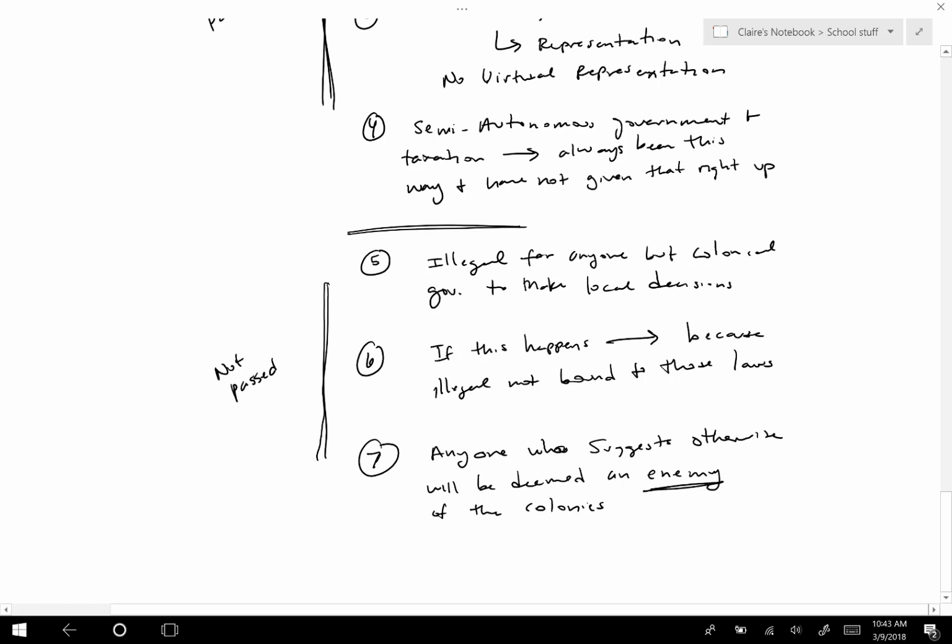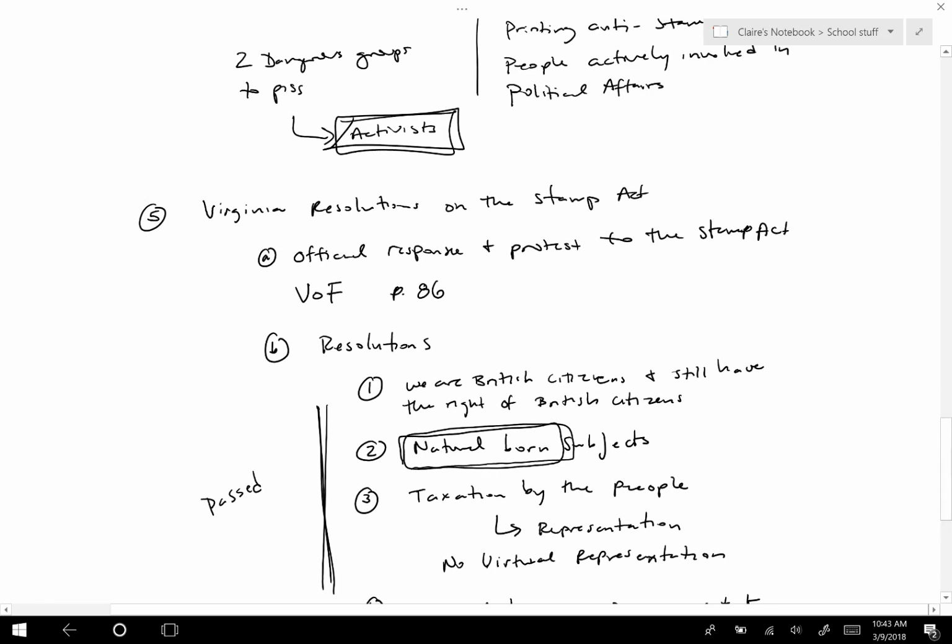But I think it's important with this, because it impacted so many people, that you have the protest. This was the formal, the Virginia resolution was the formal response. But you had other protests, and you had people definitely actively speaking out against the whole situation.